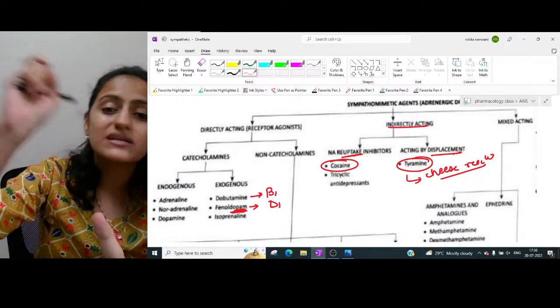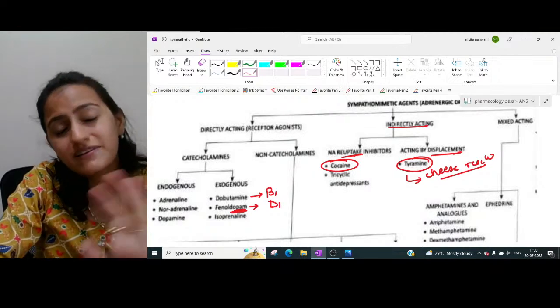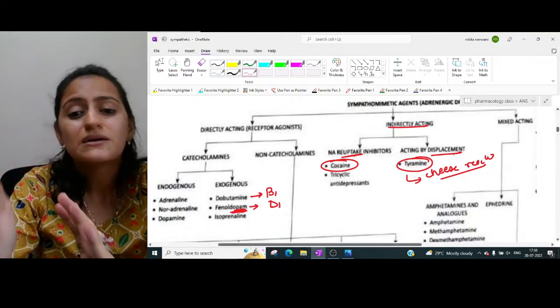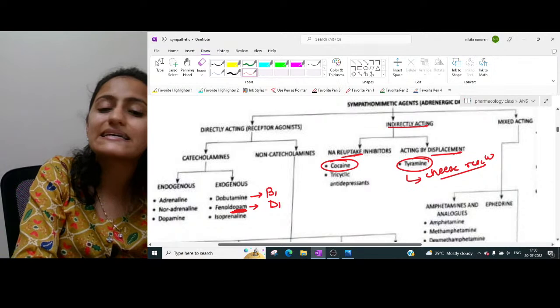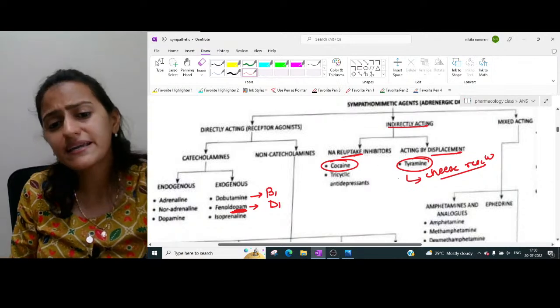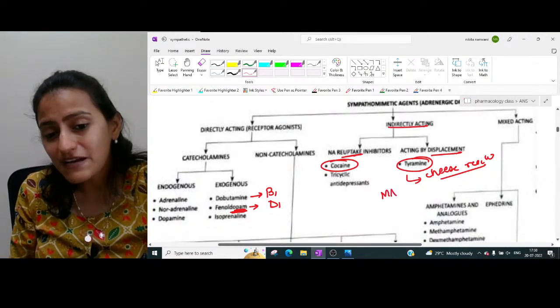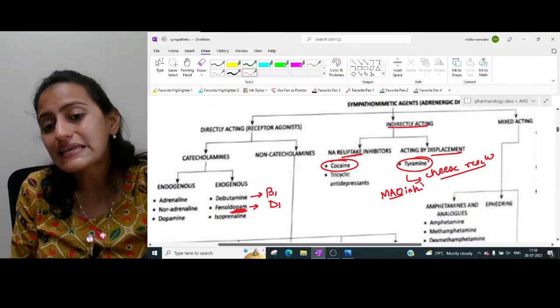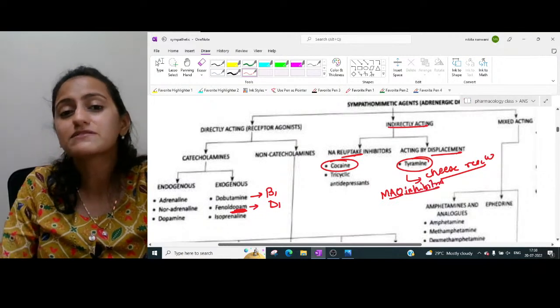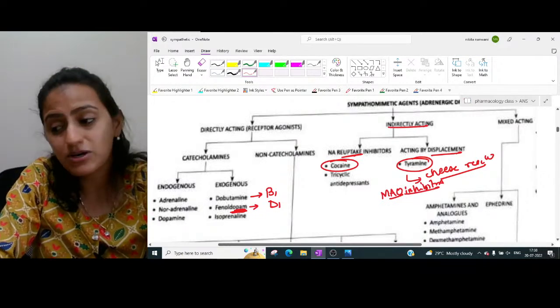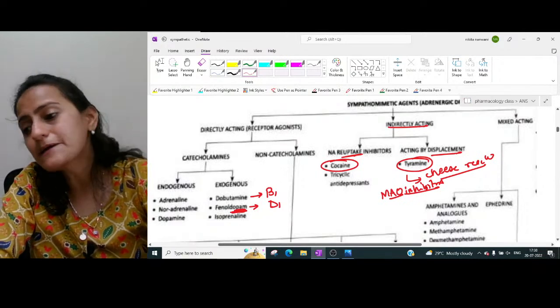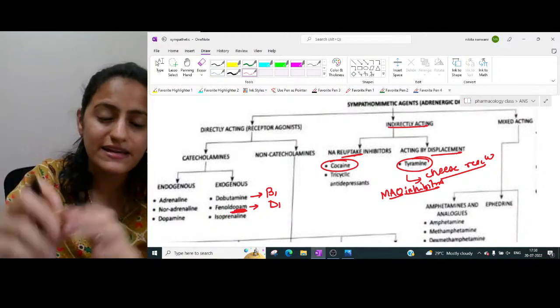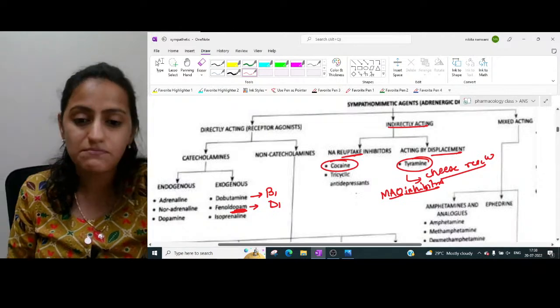It can lead to increased levels of norepinephrine, can lead to high blood pressure because basically it is indirectly acting sympathomimetic. Especially when we give this with MAO inhibitors, because tyramine is metabolized by MAO. So ये वाला reaction interaction is very very important.